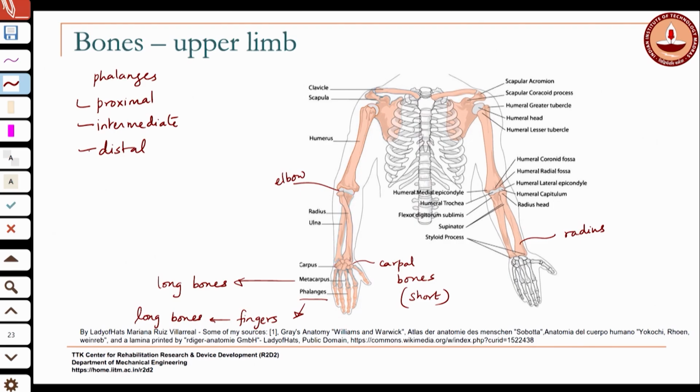You can see here when you look at the skeleton of the upper limb, in one case the radius and ulna are parallel to one another, and in the other case they are kind of crossed over. So, these refer to the two positions of the hand.